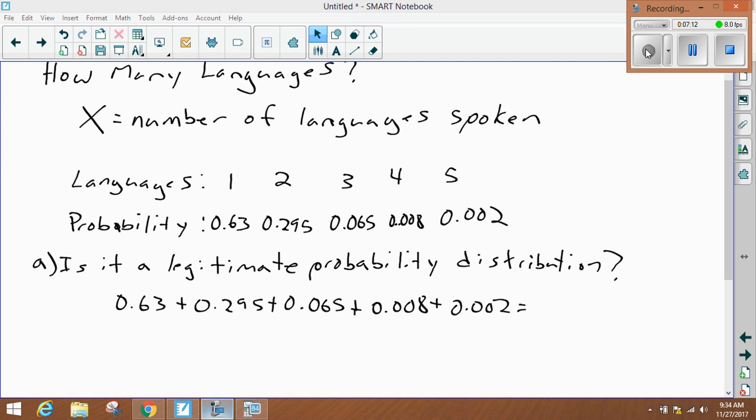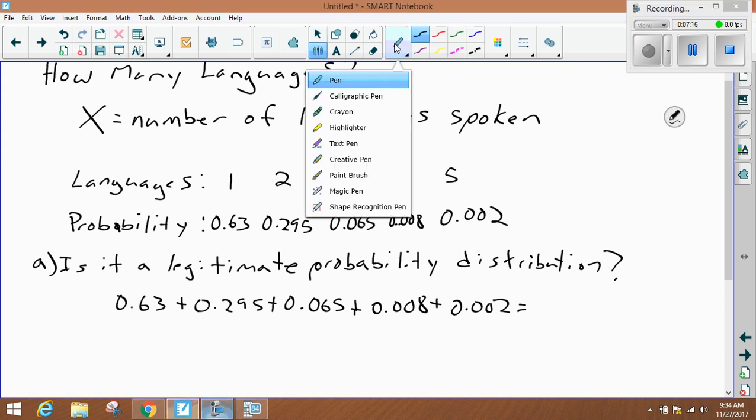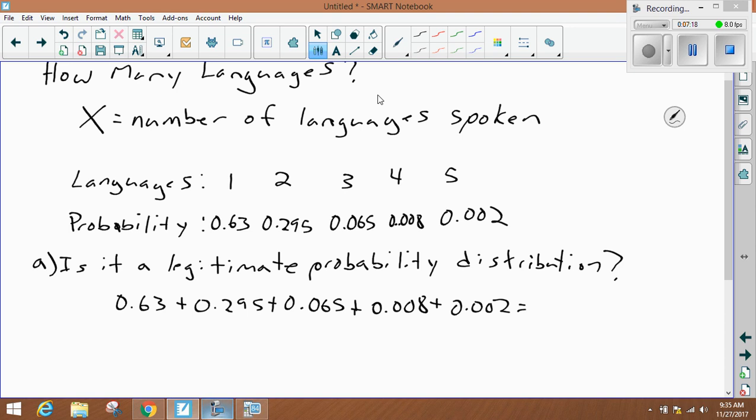Okay, so I added these up in my calculator, and it was 1. So it is legitimate for 2 reasons. Each one of these probabilities is between 0 and 1, and all of these probabilities add to 1. So that makes it a legitimate probability distribution.